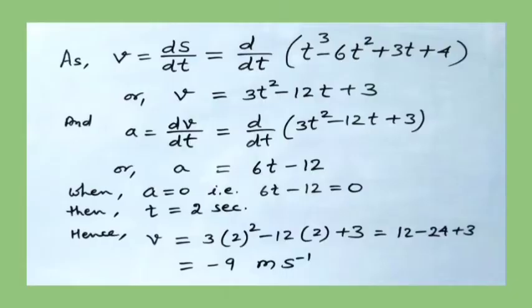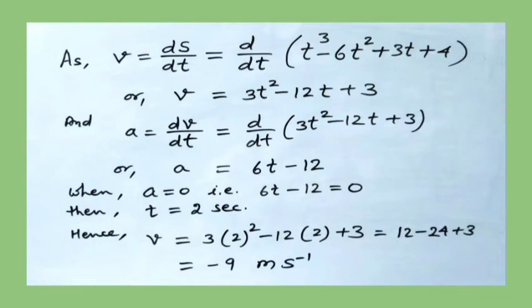As velocity v is equal to ds by dt, that is d dt of t cube minus 6t square plus 3t plus 4. Differentiating each term, v is equal to 3t square minus 12t plus 3. And acceleration a is equal to dv by dt, that is d dt of 3t square minus 12t plus 3. Differentiating each term, a is equal to 6t minus 12.